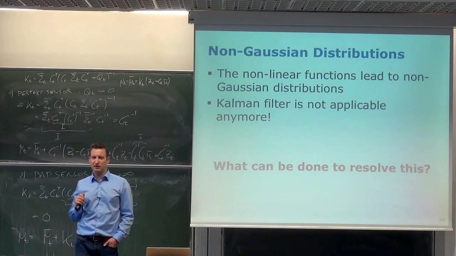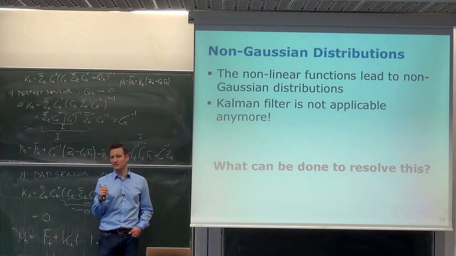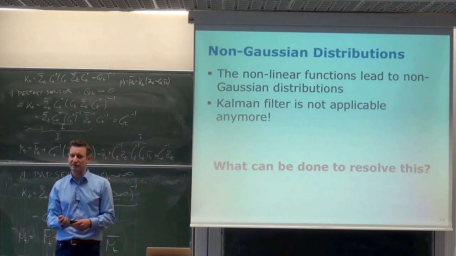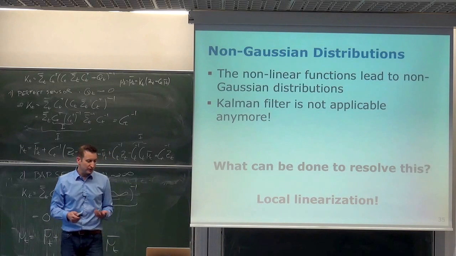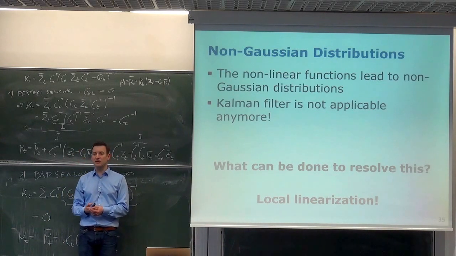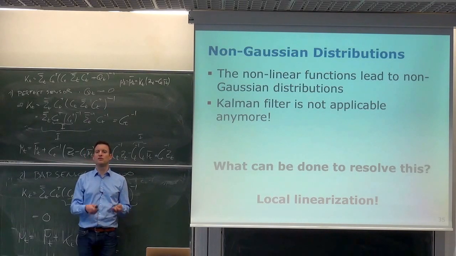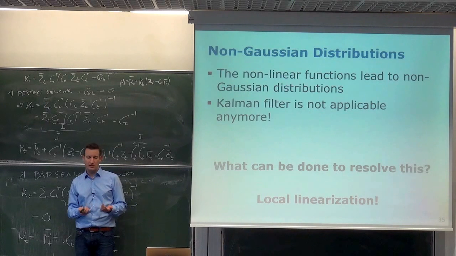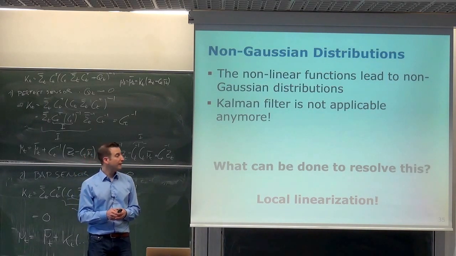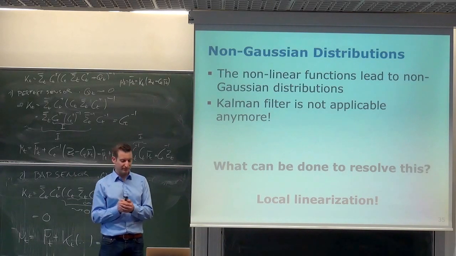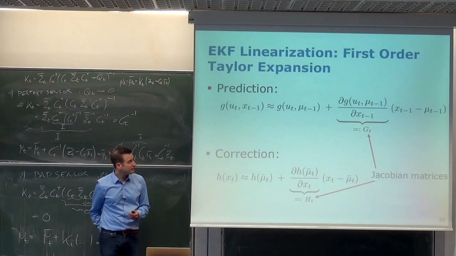We can linearize our function. Standard approach: nonlinear function, I need it linear, so let's linearize it. We can do local linearizations and linearize our function, and then use this linearized form of the transformation to compute the new Gaussian estimate. Linearization through Taylor expansion is rather straightforward.